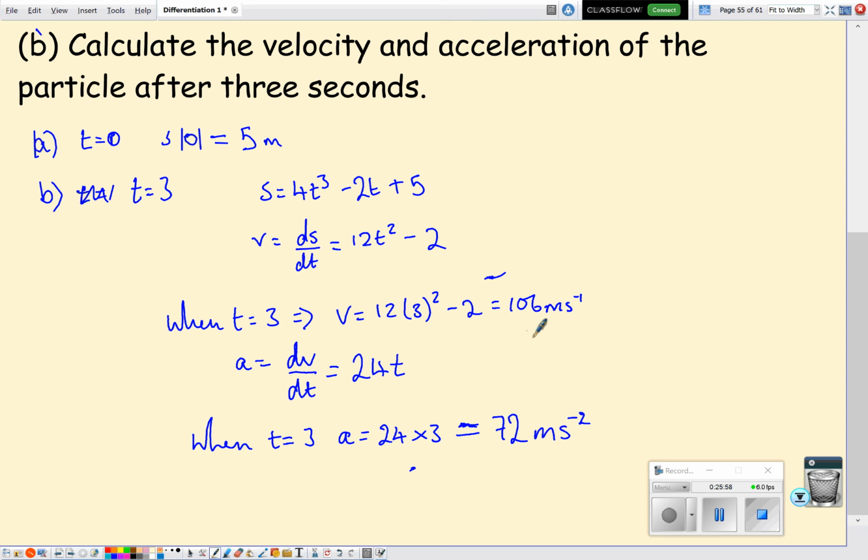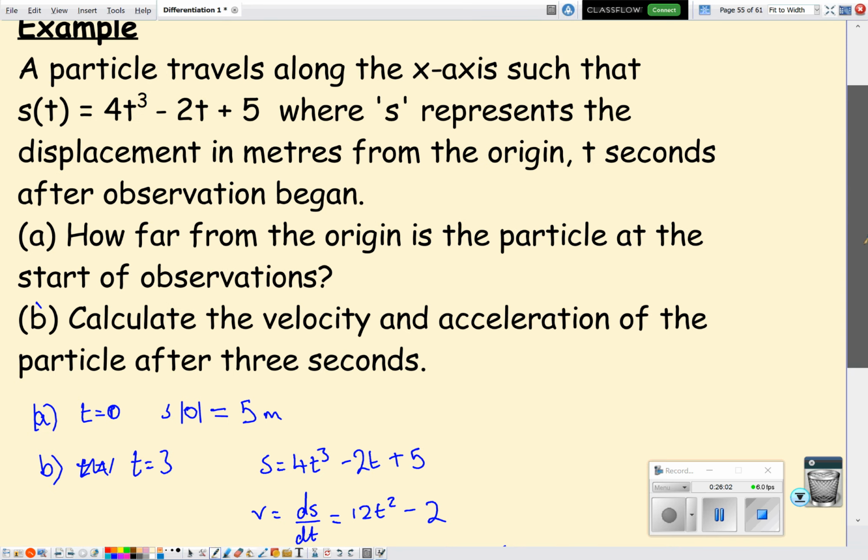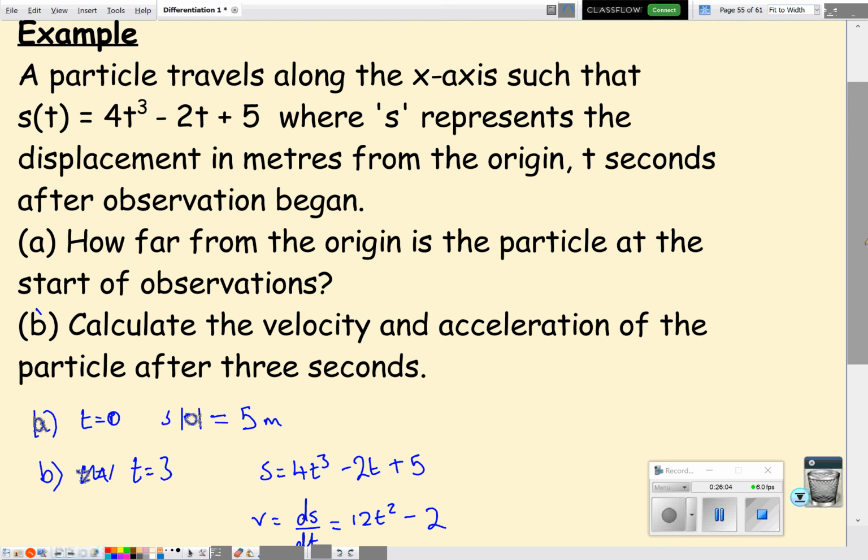Okay, so just to kind of quickly recap that, rectilinear motion, remember, is the motion of a particle or body in a straight line, and the idea here is that you are linking displacement, velocity, and acceleration.